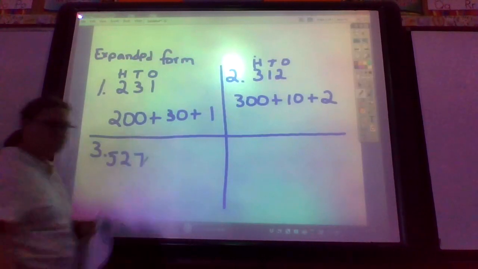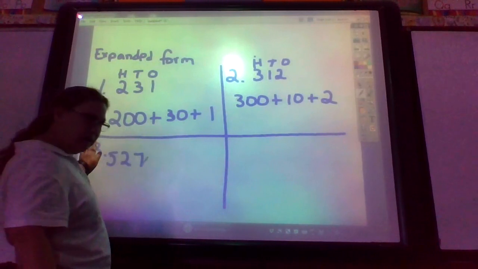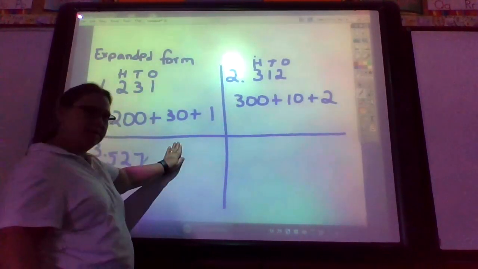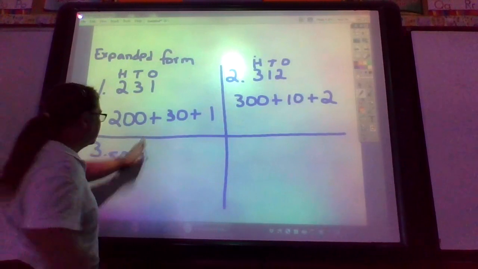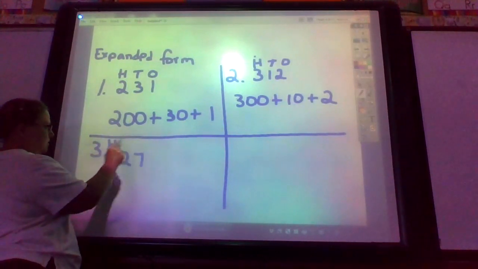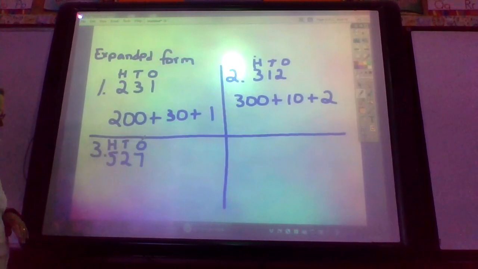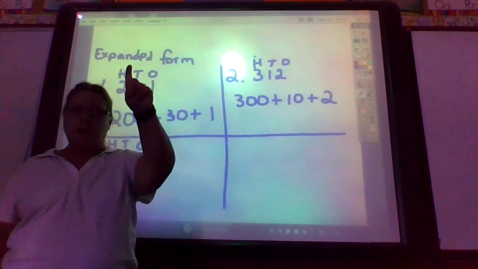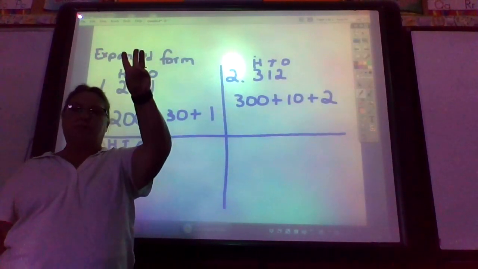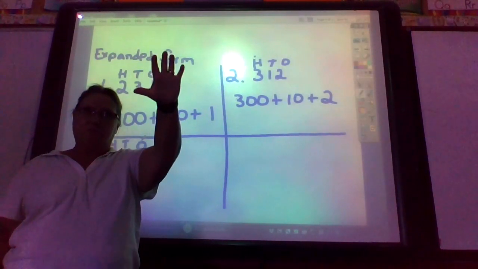We're going to start on the left-hand side with hundreds, tens, and ones. How many hundreds do I have? Well, I have 5. Let's count that out. 100, 200, 300, 400, 500. I have 500.